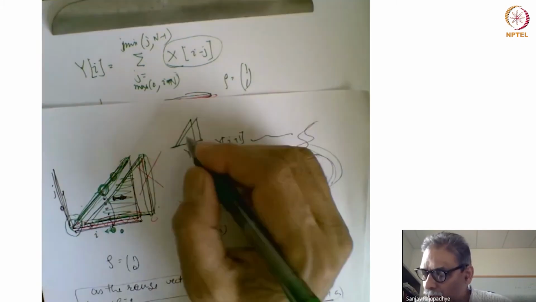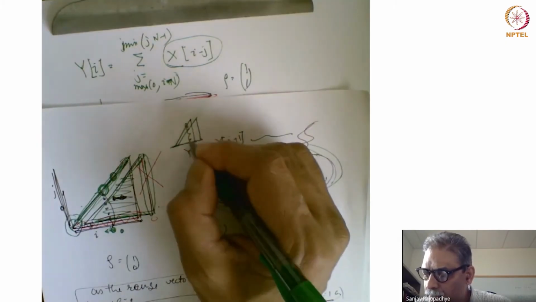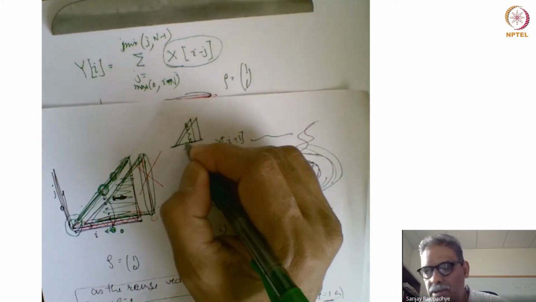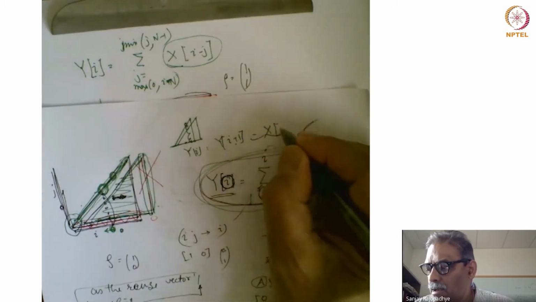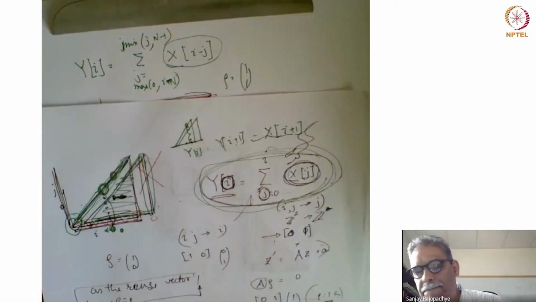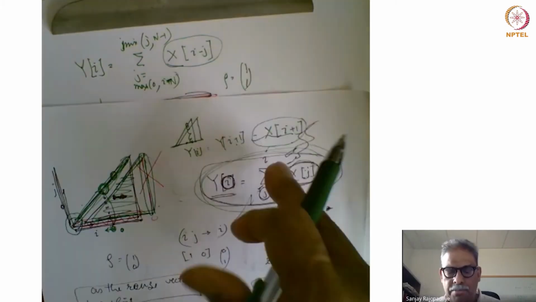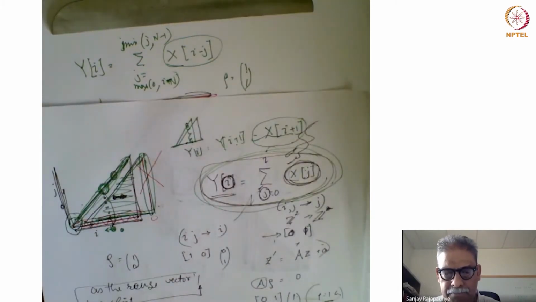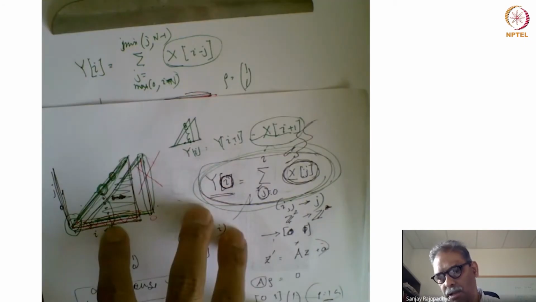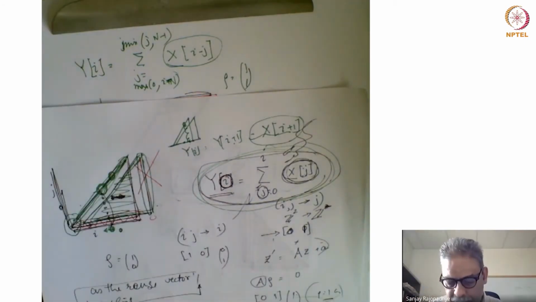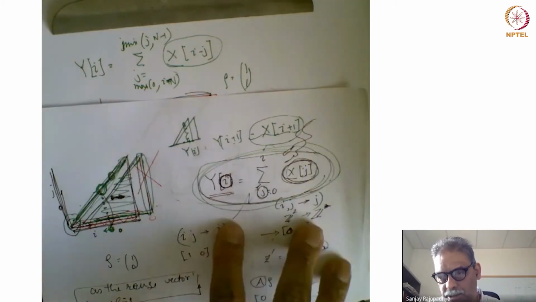If I have all the answers in this column, how do I compute this answer? It is this answer to the right minus x i plus 1. Okay, minus just one term. So this is also linear complexity. So when I explained simplifying reduction, I gave you the easiest answer, but actually you can discover many different answers that are all linear complexity.